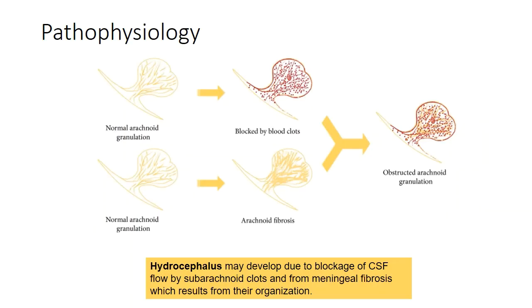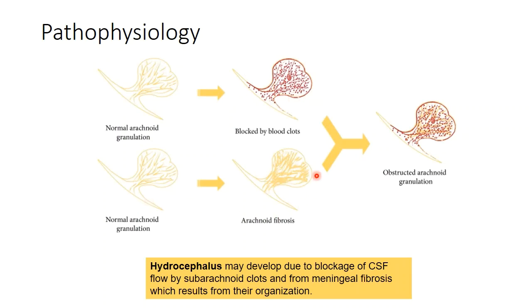Now, what is to be precisely noted is the development of hydrocephalus in patients with subarachnoid hemorrhage. Why does the hydrocephalus develop? Now, these are the normal arachnoidal granulations that you see in the subarachnoid space, which are blocked by the blood clot due to subarachnoid hemorrhage, right?